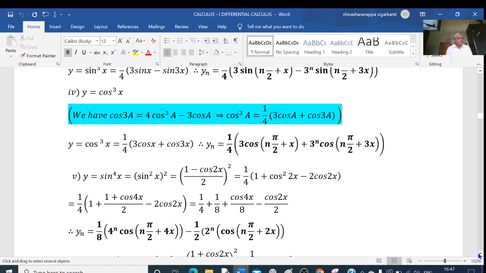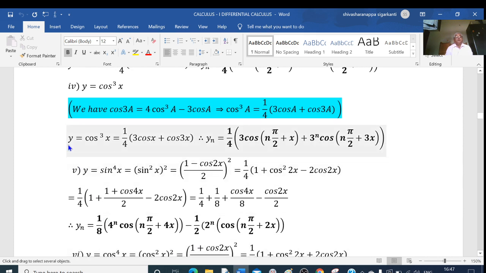Next example is y equal to sin 4th of x. We can write sin 4th of x as sin square x, whole square. This is equal to, again sin square x can be written as 1 minus cos 2x divided by 2, so 1 minus cos 2x by 2, whole square.